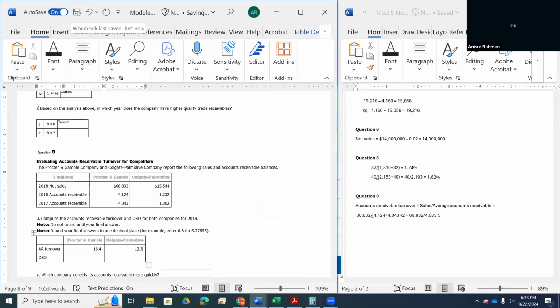Now, what is DSO? It is days sales outstanding. So that is our DSO. So what we do, we divide 365 days by our accounts receivable turnover, which is 16.4 for Procter & Gamble.